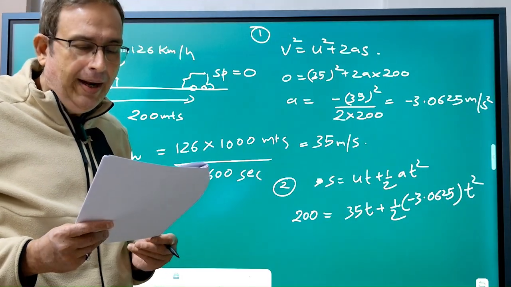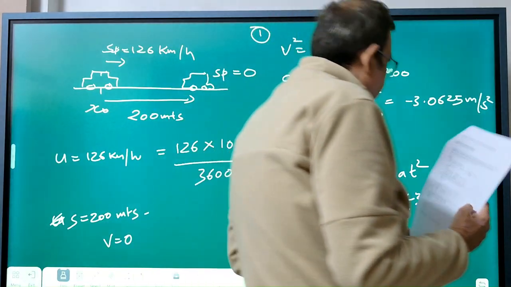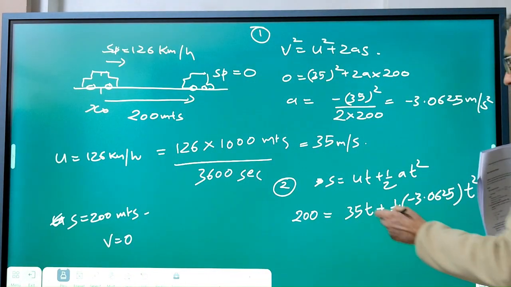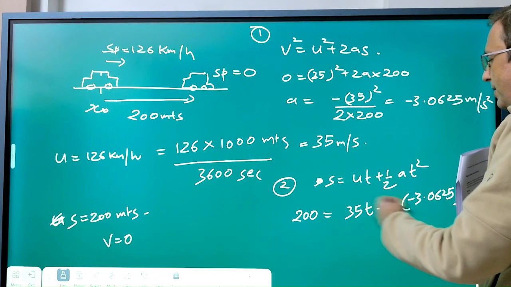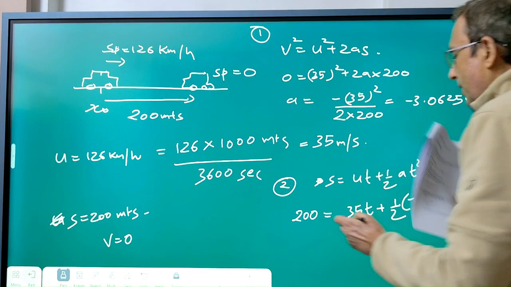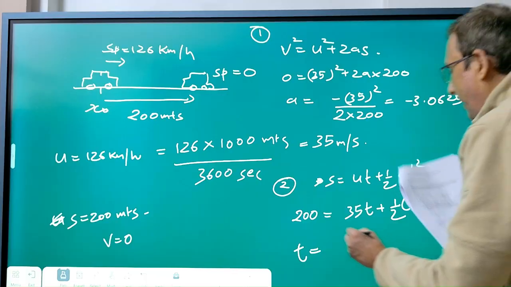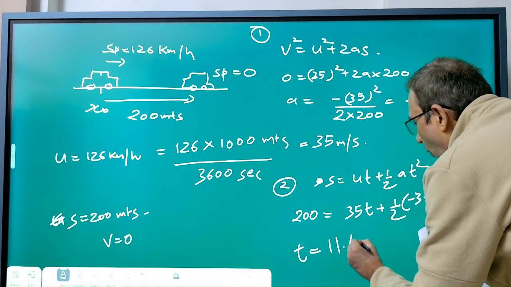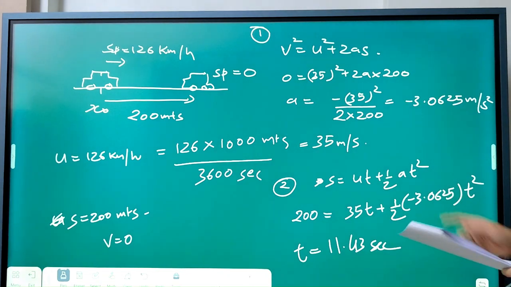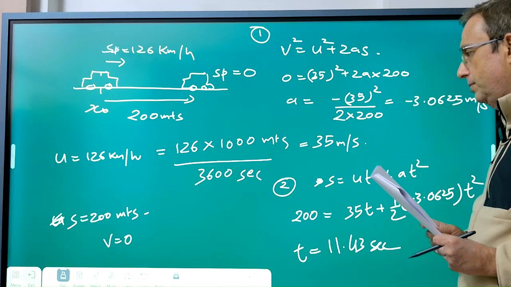From here you can calculate the value of t. This is a quadratic equation, and when you solve this quadratic equation, t would have a value. One of the roots of the quadratic equation would be 11.43 seconds.